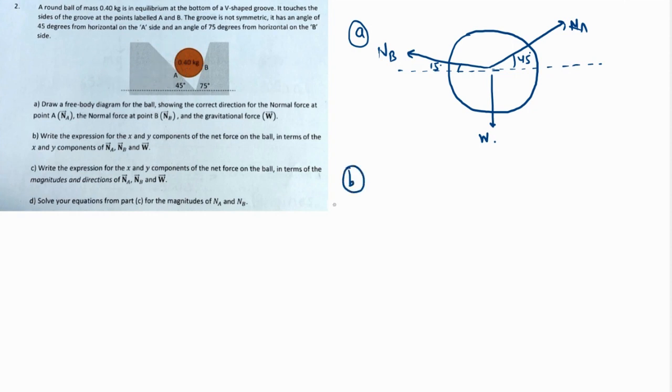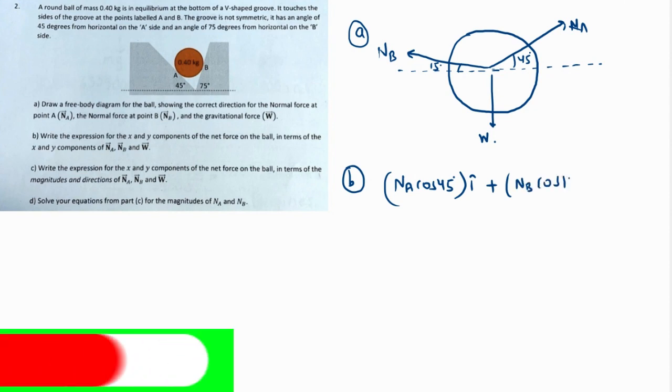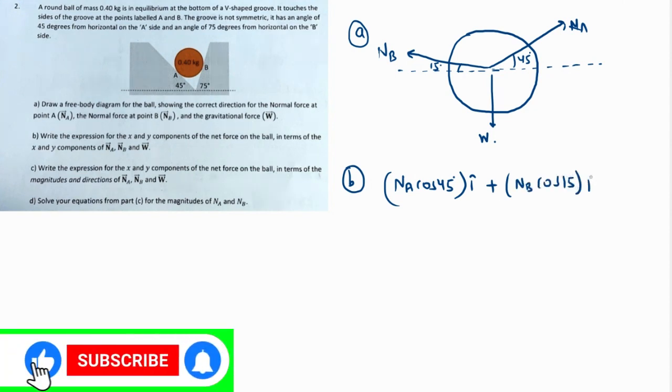Now in part B, we have to write the vector equation of the x and y components. The x component of NA is going to be NA cosine of 45 degrees towards i cap. For NB, that's going to be NB cosine of 15 degrees towards minus i cap. And that should be equal to 0 because it is at rest.